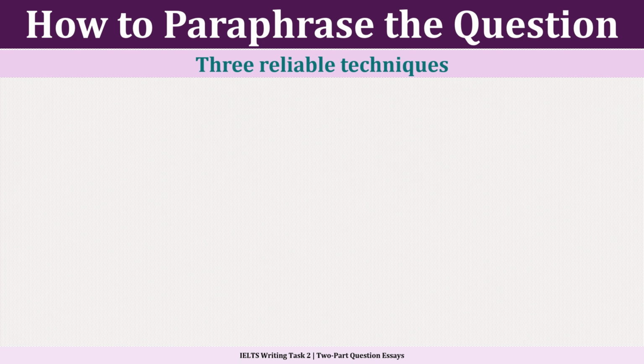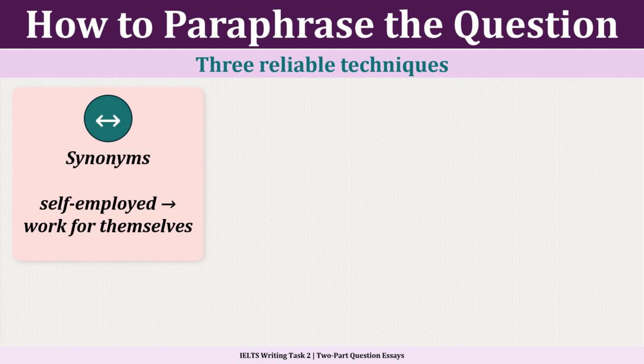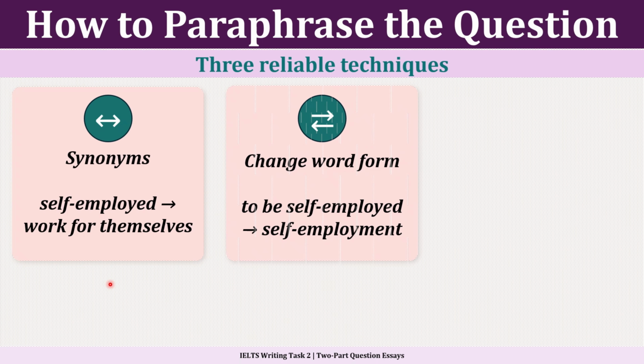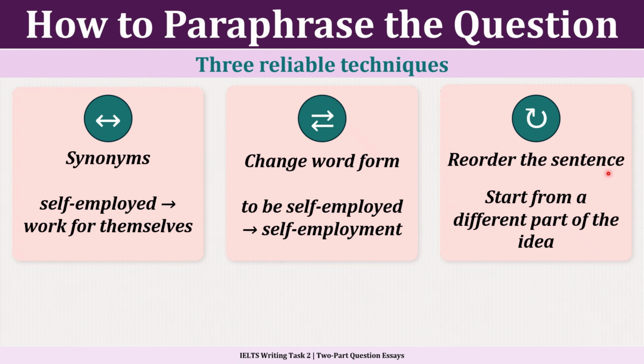To paraphrase effectively, there are 3 reliable techniques. First, use synonyms. For example, self-employed becomes work for themselves. Second, change the word form. For instance, the phrase to be self-employed can become the noun self-employment. And third, reorder the sentence.